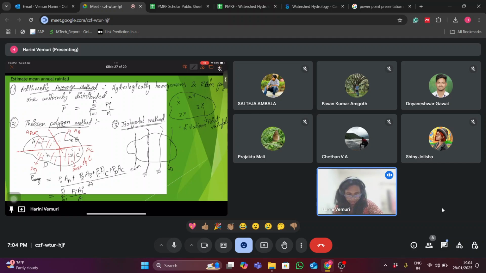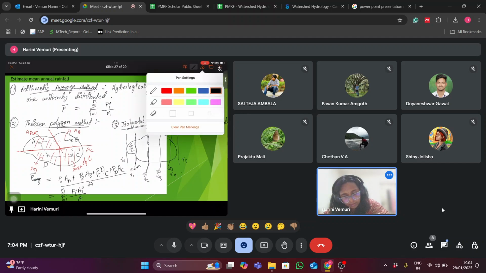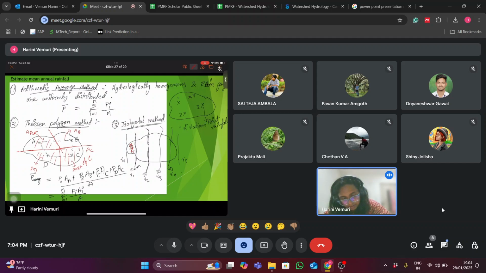So now that we have the isohyets, we have the rainfall values. Suppose this is R1, R2, R3, R4, and here we have R0 and R5. Suppose the areas are A1, A2, A3, A4, A5.